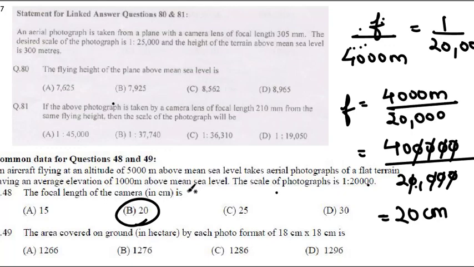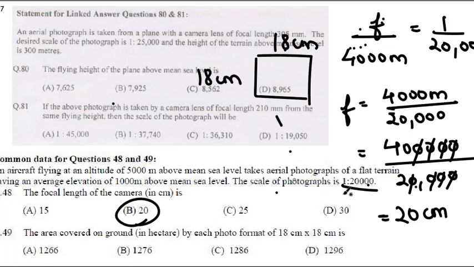So if we have 18 centimeter like this, and this is 18 centimeter, and the scale they have given is 1:20,000, this length will be 18 into 20,000 centimeter. They have asked the area in hectares, so first we need to convert it into meters, meter square.